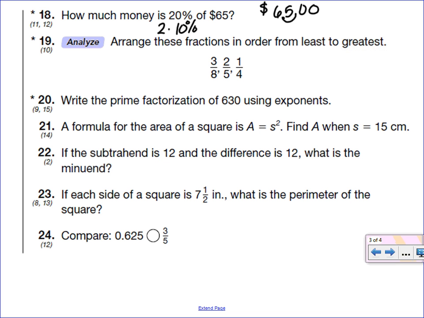So 10% of 65 is $6.50. And since I'm looking for 20%, then I'm going to multiply that by 2. Well, 6.50 and 6.50, 6 and 6 is 12, and 50 and 50 is $1. So 6.50 and 6.50 is $13.